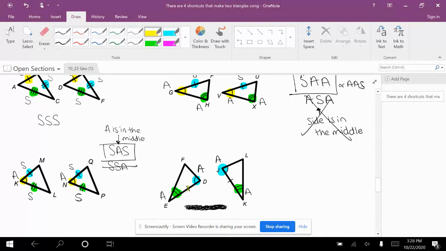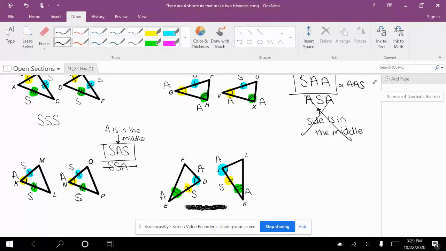And then we have side ED and side JK. These are sides because the tick mark is on the segment. Esos son lados porque la marca de congruencia está arriba del segmento.